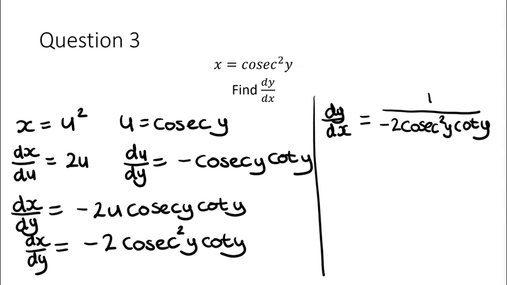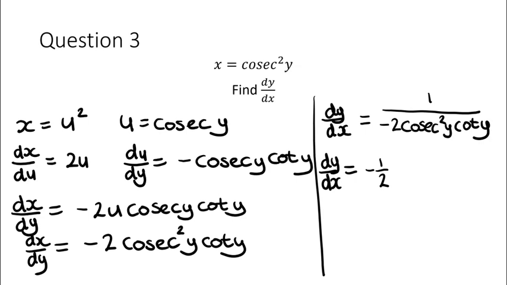Now, this question didn't have any requirement of how to leave it, but I could actually go a little bit further than this. I could write this in a slightly nicer form. Firstly, I've got 1 over minus 2, so I can write this as minus a half.